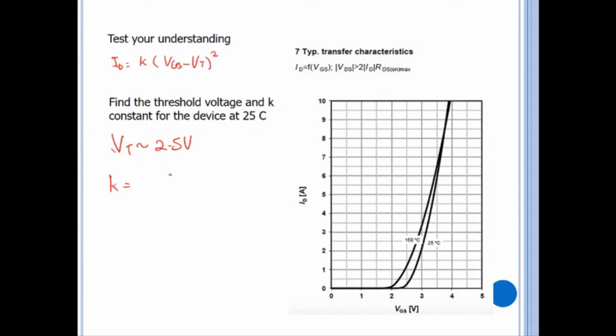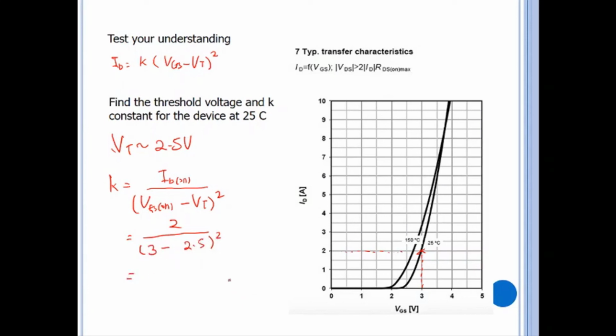So K is ID on over (VGS on minus VT) squared. We can use this point. At this point, the VGS on is 3 volt and ID on is 2 ampere. So this is 2 over (3 minus 2.5) squared.